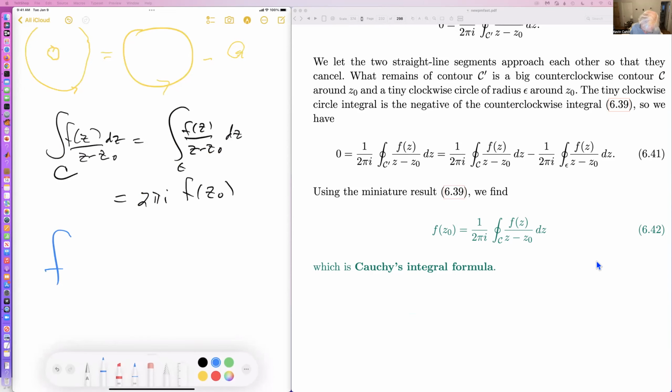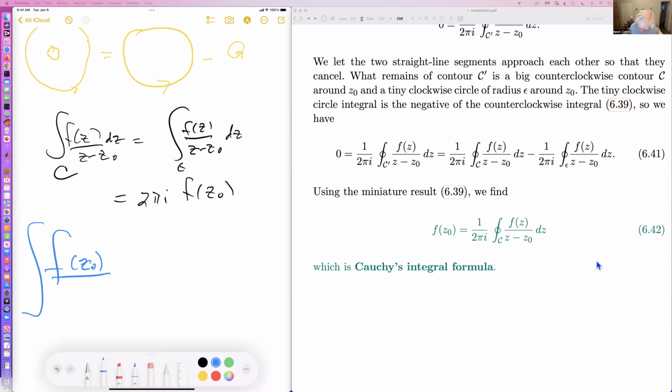f of z0. I don't know what is going on. Integral of f of z0.